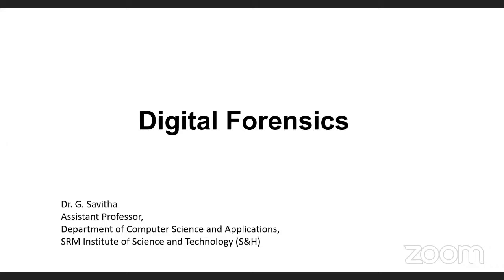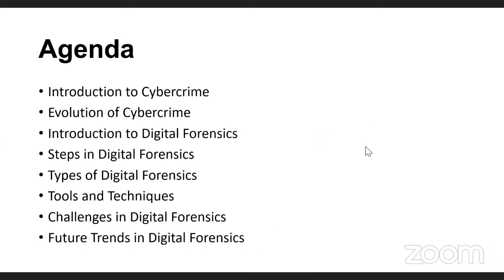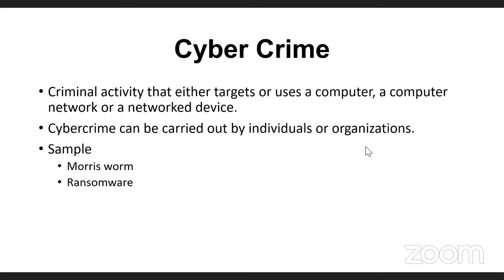Now we move to digital forensics. Before we move to the topic, we will see what cybercrime is. It is a criminal activity that targets a computer, network or network device.